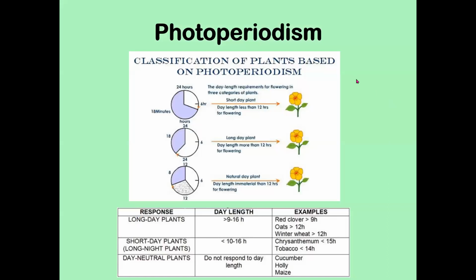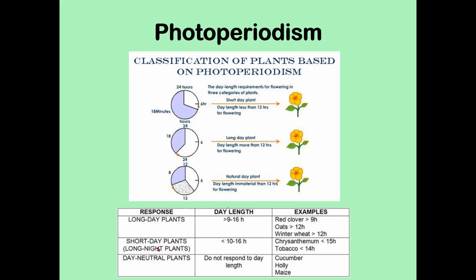So we have a classification of plants based on their photoperiodism. Photo is light, and the period of, well, so a short day plant, which is less than 12 hours, long day more than 12 hours, and day neutral is anything.